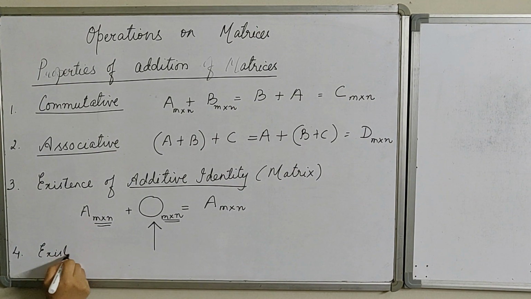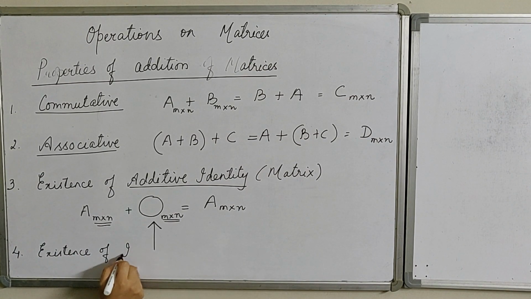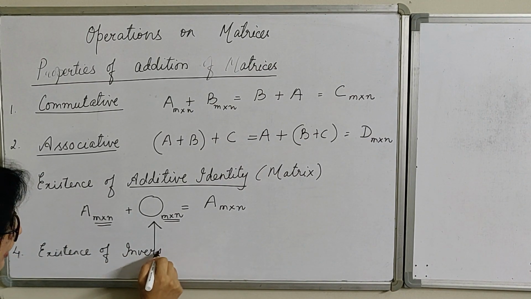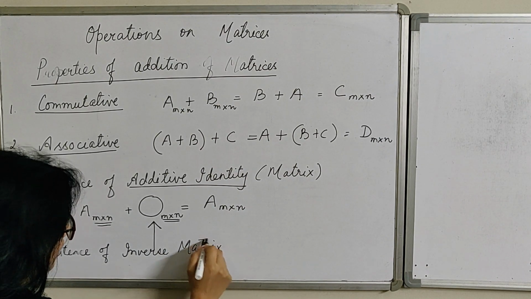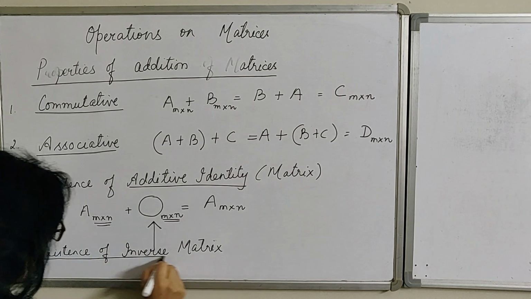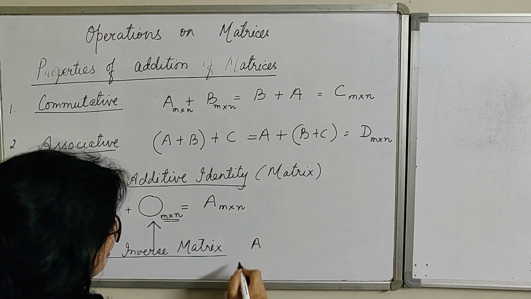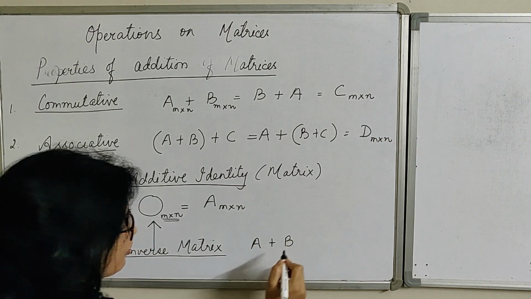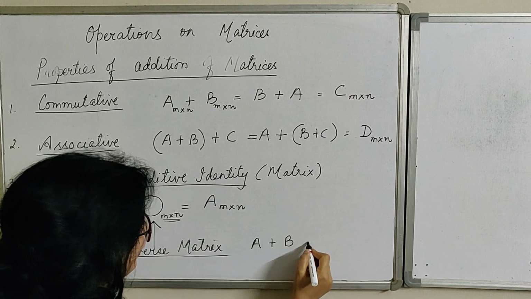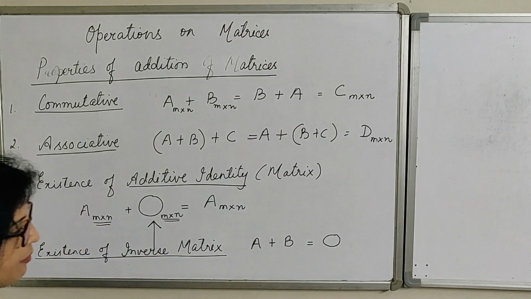Next is existence of inverse matrix or the inverse identity matrix. This means that a matrix A and matrix B of same orders are added to get the additive identity matrix.